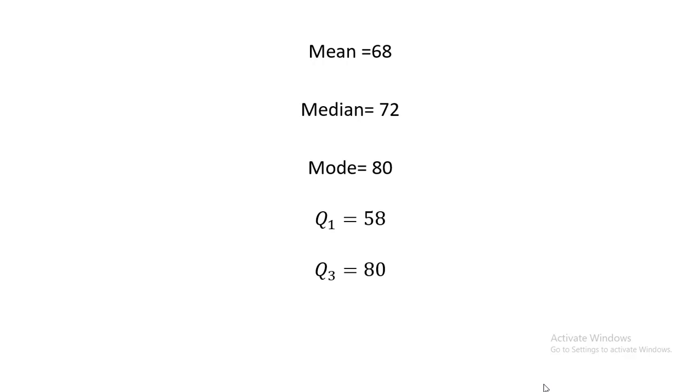If we have already calculated the median, we don't need to calculate the second quartile again. Using the relation, Q2 equals median, which is 72. The standard deviation I calculated is 14.087. You can calculate all these parameters yourself and compare your answers with the answers given here.